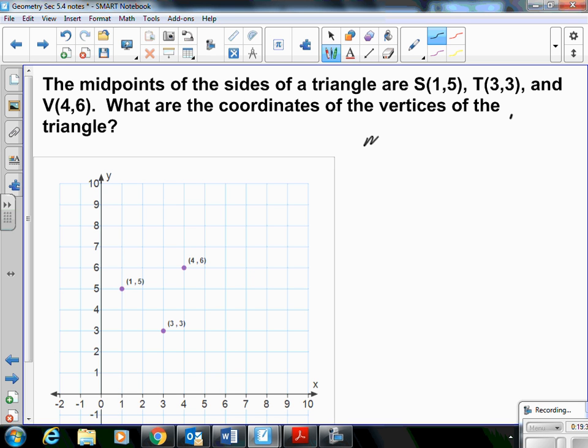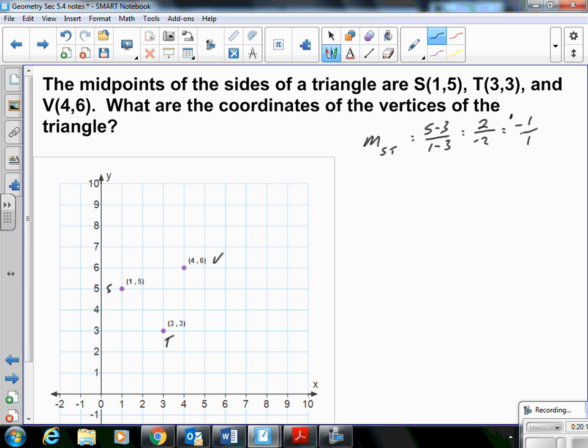So if I start with the slope of ST, which S is at 1,5 and T is at 3,3, makes this one V. So if I do ST using the slope formula, 5 minus 3 over 1 minus 3, to give us 2 over -2, or that reduces to -1 over 1.